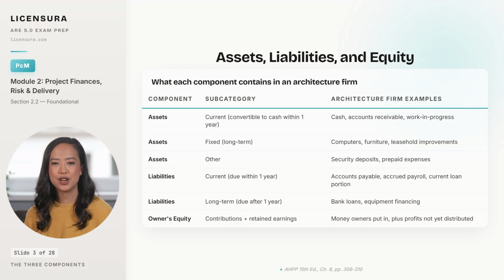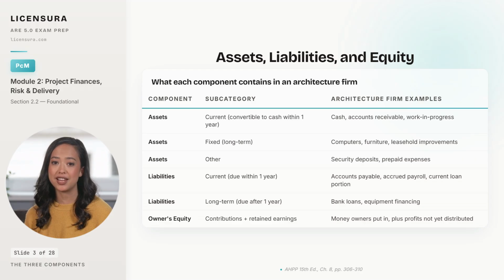And in an architecture firm, that means cash itself, accounts receivable from clients who have been invoiced but have not paid yet, and work in progress, which is fees you have earned by doing the work but have not invoiced yet. Fixed assets are the long-term things you bought to run the firm: computers, furniture, leasehold improvements on the office space. Other assets are everything else, like security deposits with the landlord and prepaid insurance.